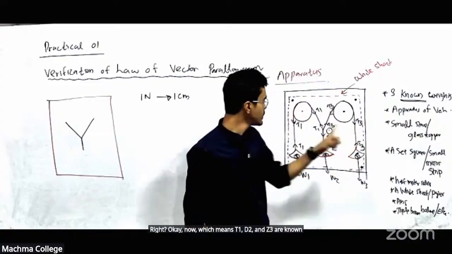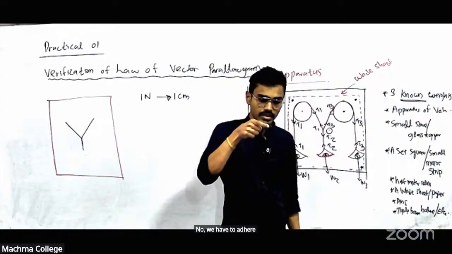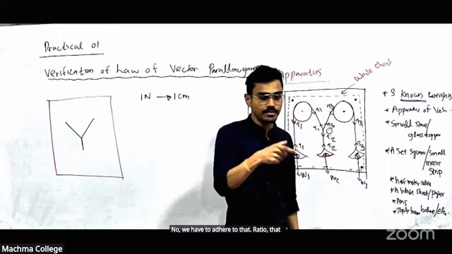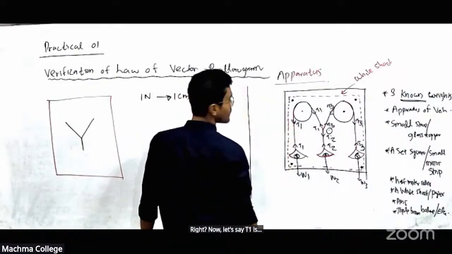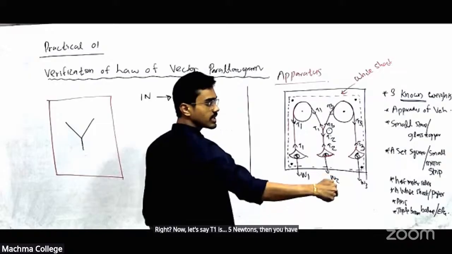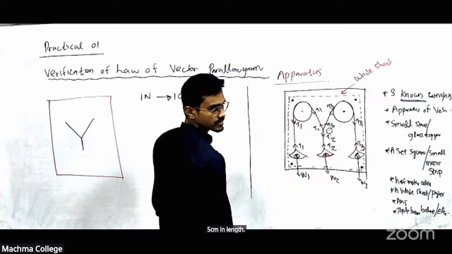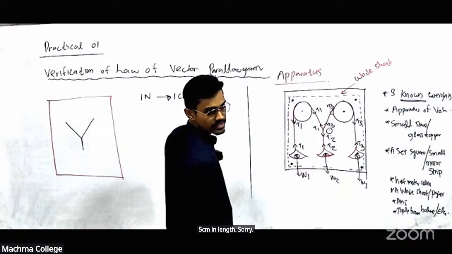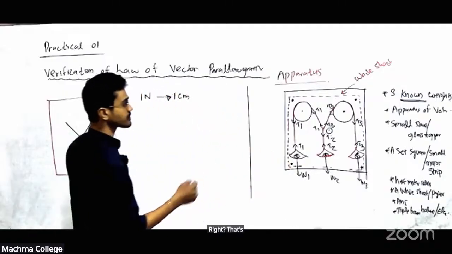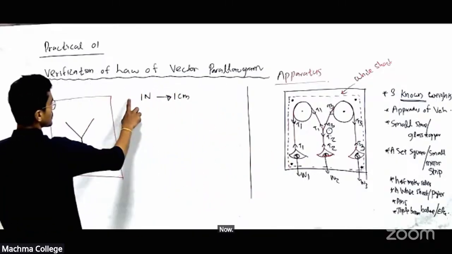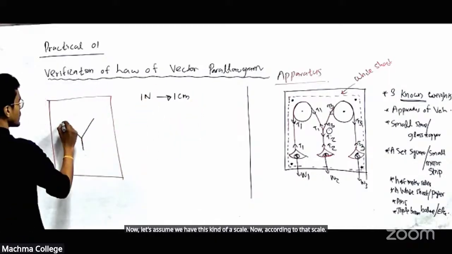Now, when we plot the respective vectors, we have to adhere to the scale we are following. Let's say T1 is 5 newtons, then you have to draw a line of exactly 5 centimeters in length. Got it? That's the idea of the scale. According to that scale, we extend these lines.